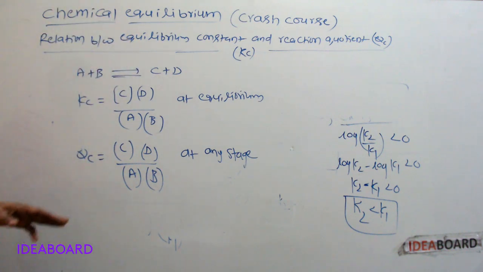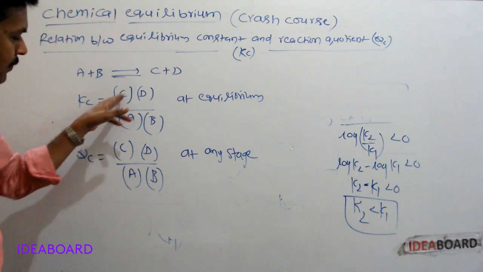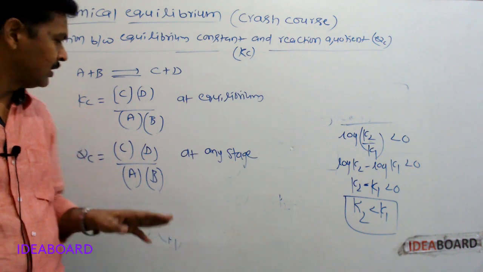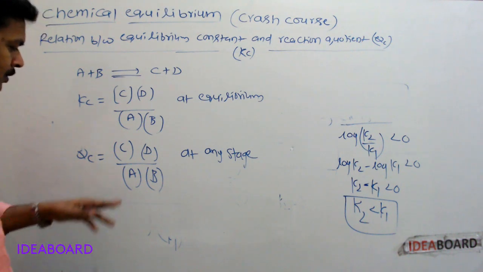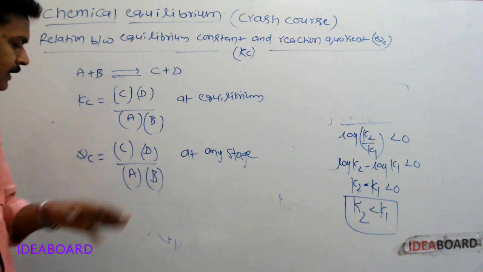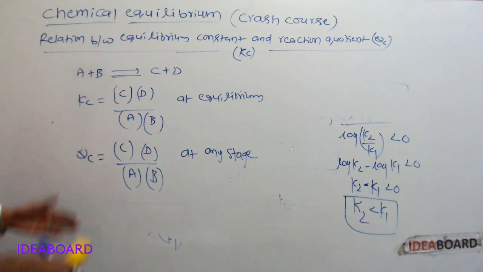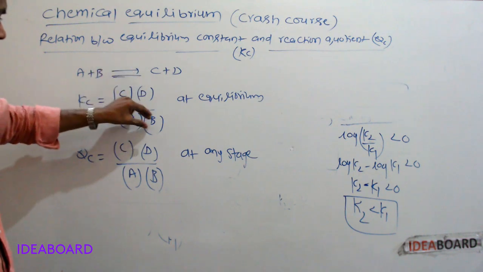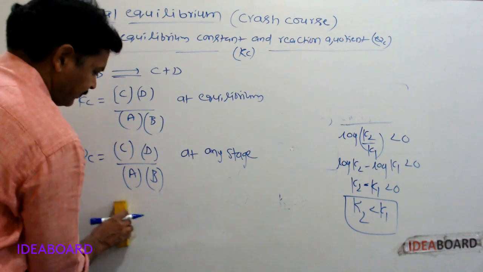So Kc, the equilibrium constant, is the product of molar concentrations of products to the product of molar concentrations of reactants at equilibrium state. Qc means the product of molar concentrations of products to the product of molar concentrations of reactants at any stage during the progress of the reaction. In both cases they are concentrations, but for Kc at equilibrium, and for Qc at any stage during the progress of the reaction.